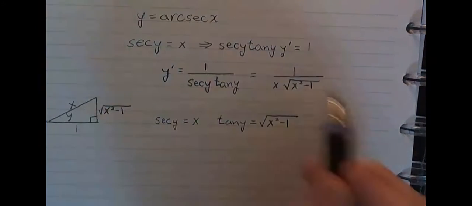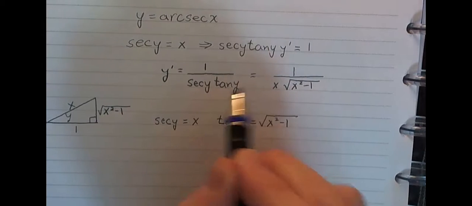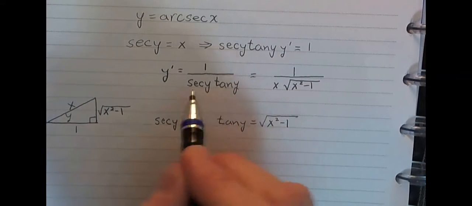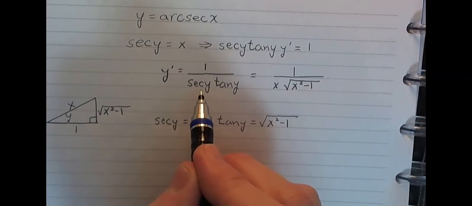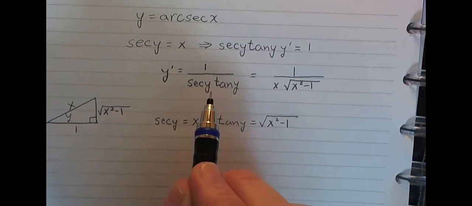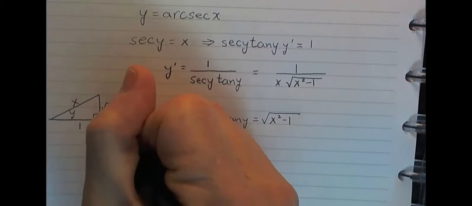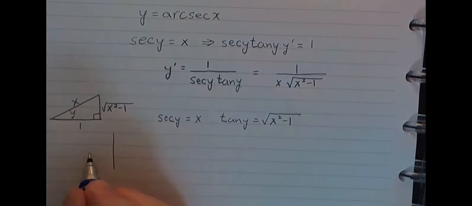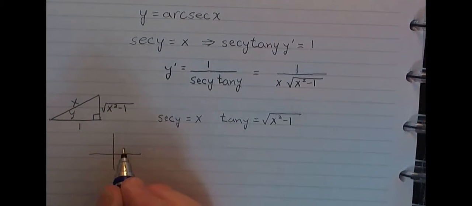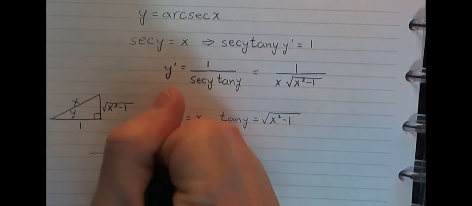There it is. Now, we've got to be careful here, because notice there's a little bit of subtlety. Remember, I said that y is going to be either in the first or the second quadrant. If we're in the first quadrant, well, we've got a positive times a positive, right?